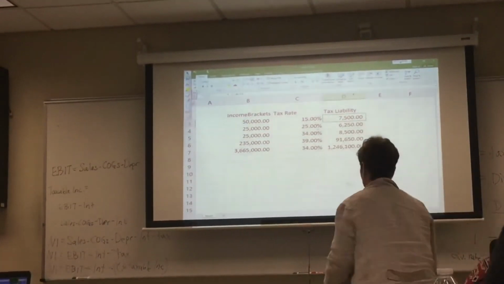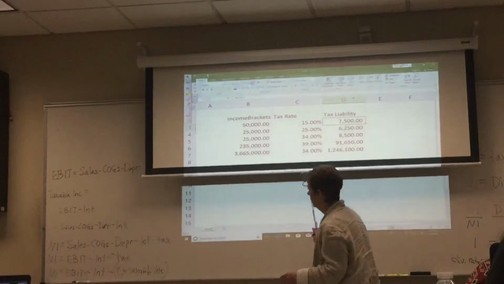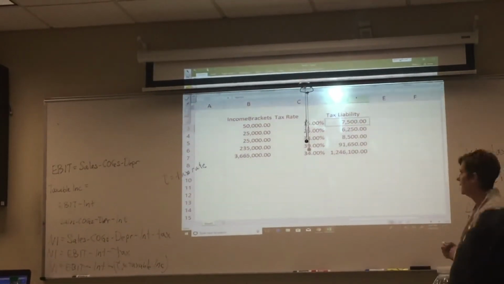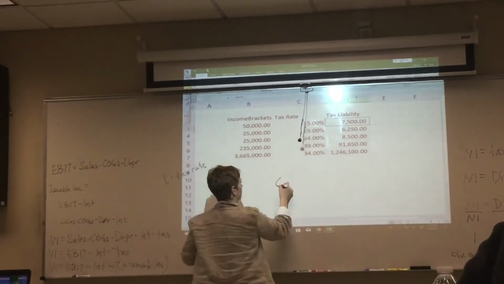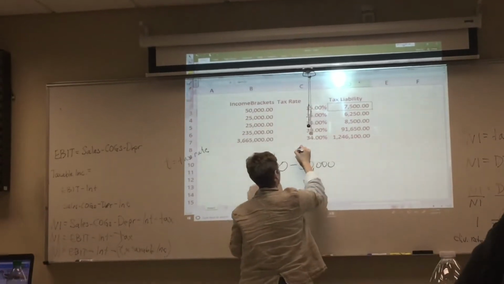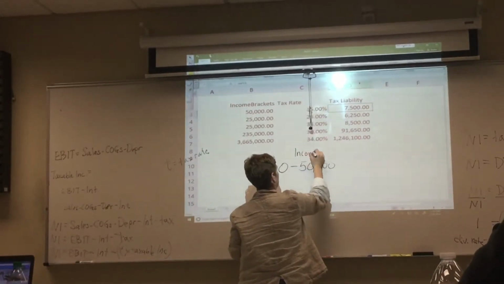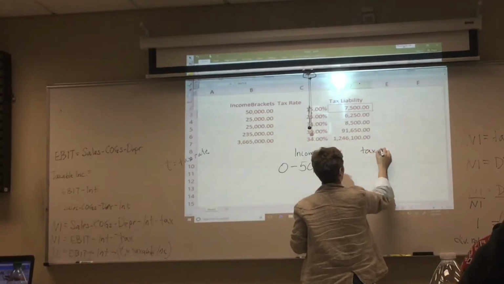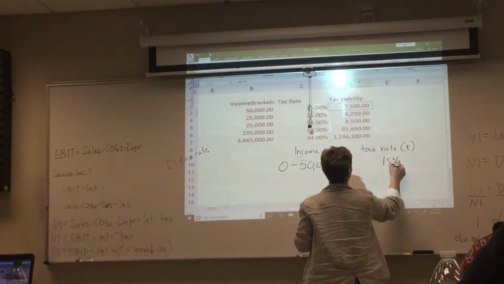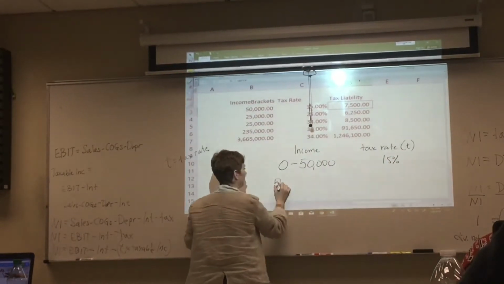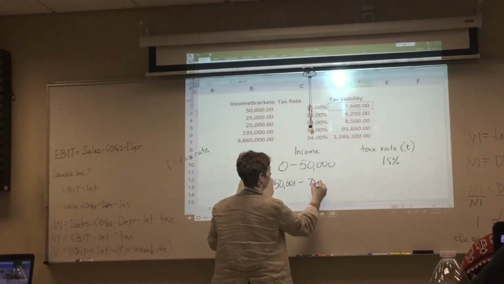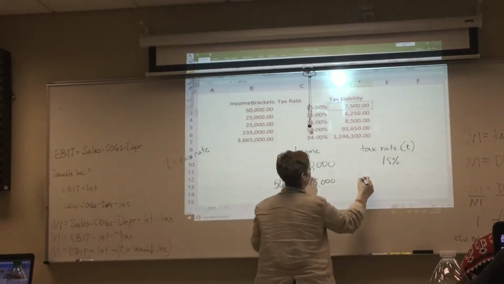I'll show you, if you don't have your book, what it looks like. It's 0 to 50,000, and this is the income, the tax rate, which I'll call little t here, is 15%. Then from $50,000 and $1 up to, I think it was 75,000, is taxed at 25%.